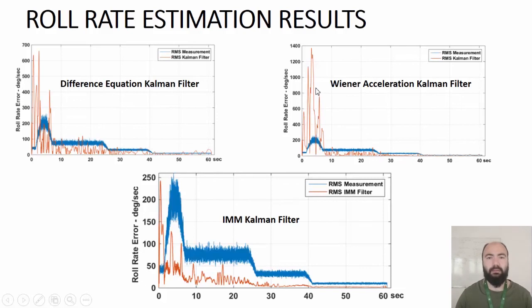So when we integrate these two Kalman filters, we have better results at each time than the measurements, except for the first 2 seconds, which is the initial burnout of the fuel. Other than that part, our results are better than the measurements.